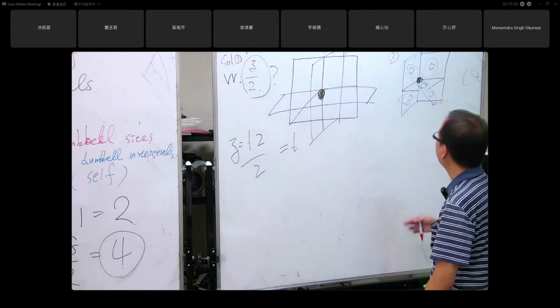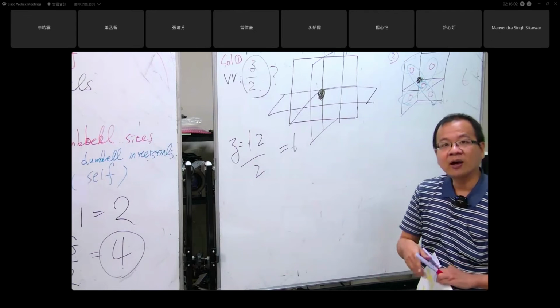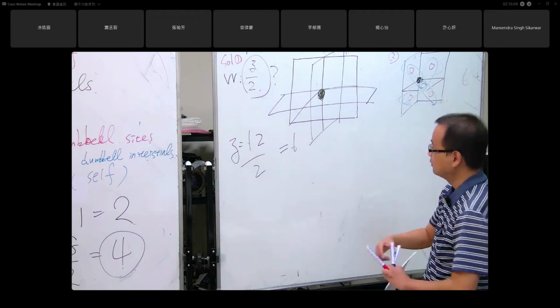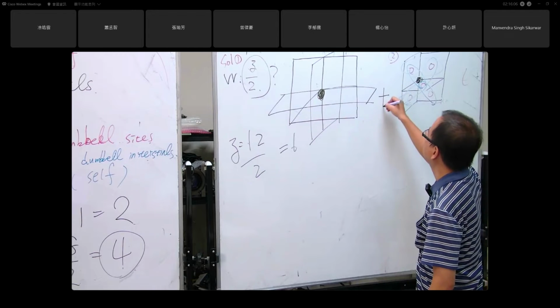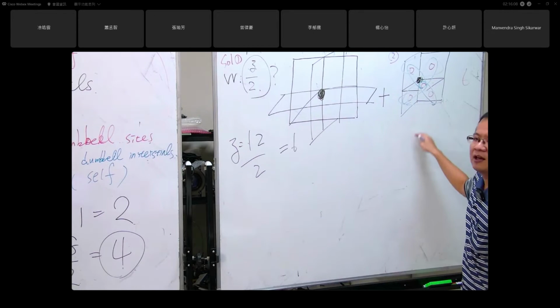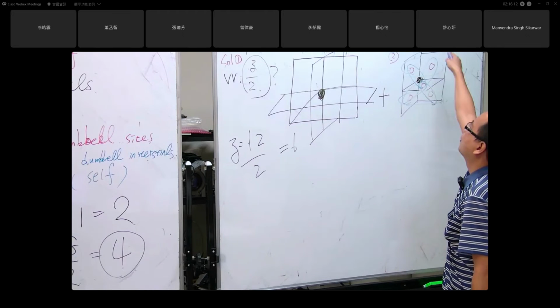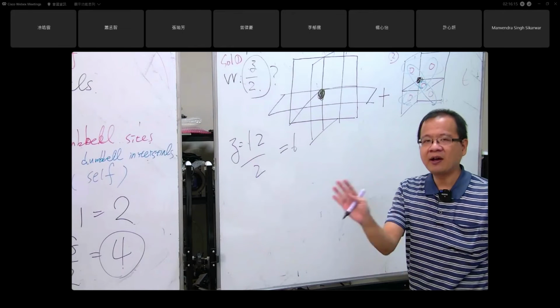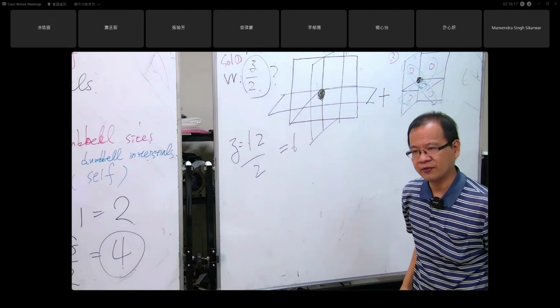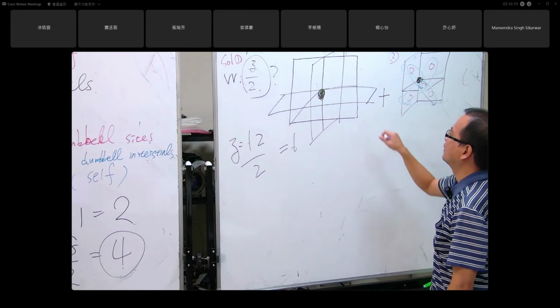However, do I have other thinking? Yes. If I say I am not confident by thinking one corner only, I would like to think about the whole unit cell. Okay, fine. You are careful. Let's combine these two together.